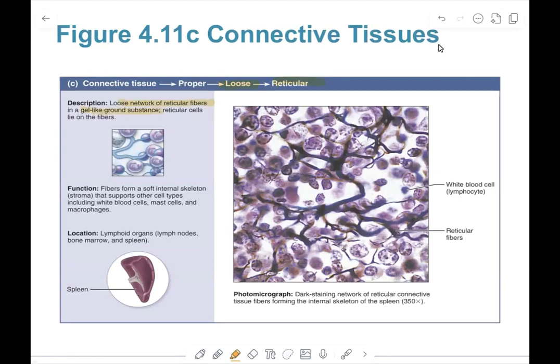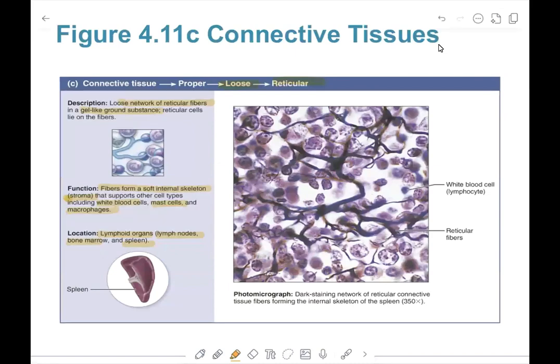And the function of these is that the fibers form a soft skeleton, which is called a stroma. And it includes cells like white blood cells, mast cells, and macrophages. So the place that we find reticular tissue is in all lymphatic related tissue. So lymphoid organs like the lymph nodes, the bone marrow, as well as the spleen.